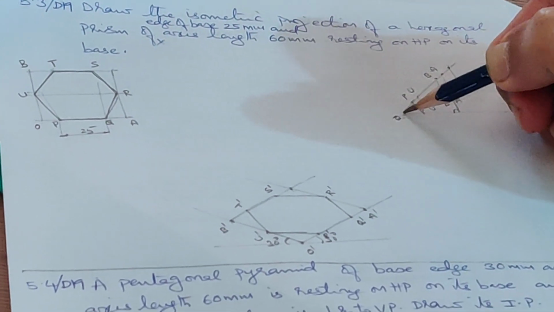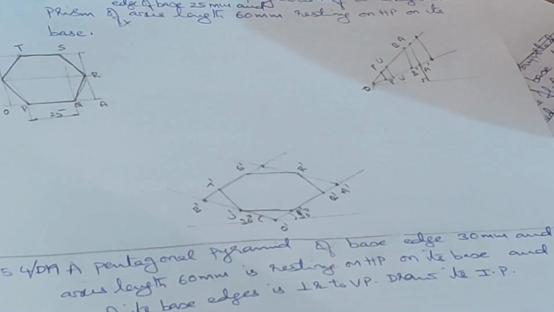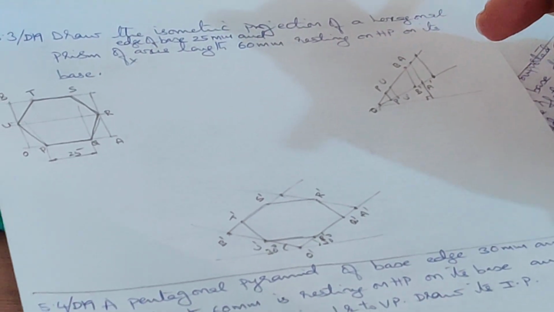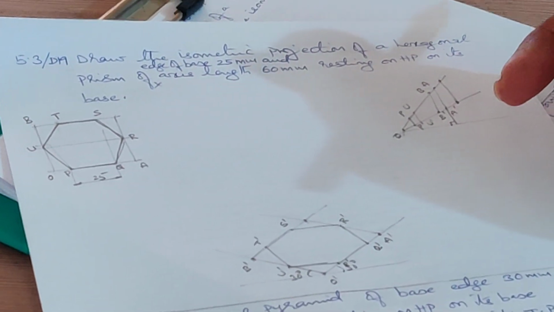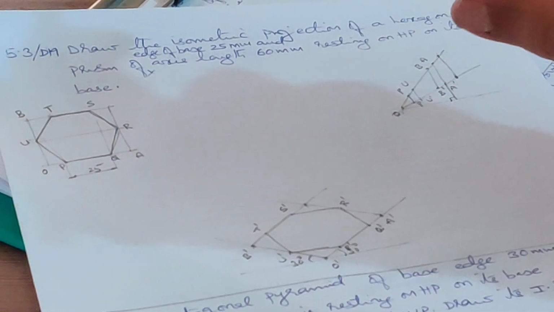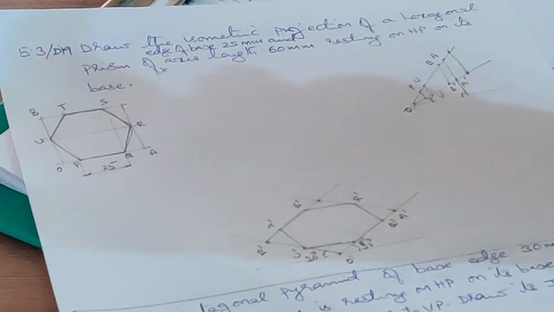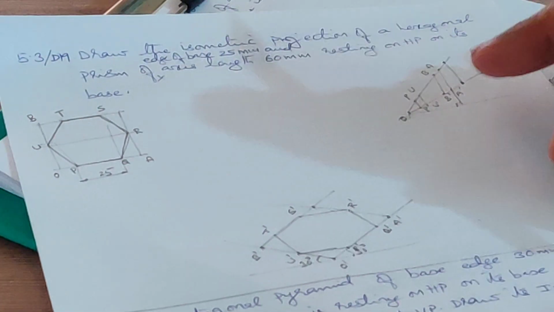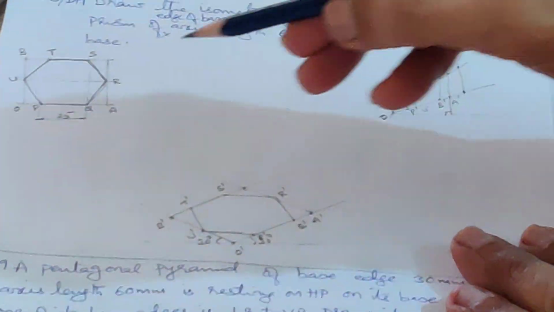Find its length, isometric length of 60. So ISO 60. Those who have isometric graph sheet, you can measure ISO 60 on the graph itself. Use your compass from one point to another point. 6 divisions you can take. ISO 60 you can take on the graph sheet itself.